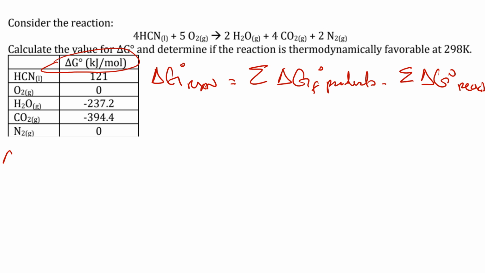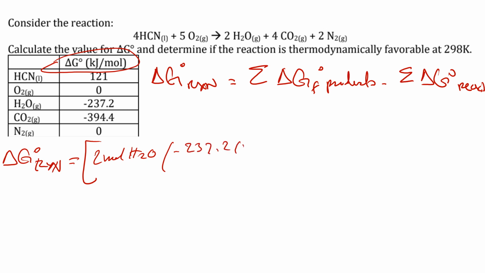So delta G of the reaction equals, kind of like last unit, you have to take your coefficients into consideration. Also notice how a couple of them are 0, so thank God, we don't have to worry about it too much. It will be 2 moles of H2O times negative 237.2 kilojoules per mole of H2O.